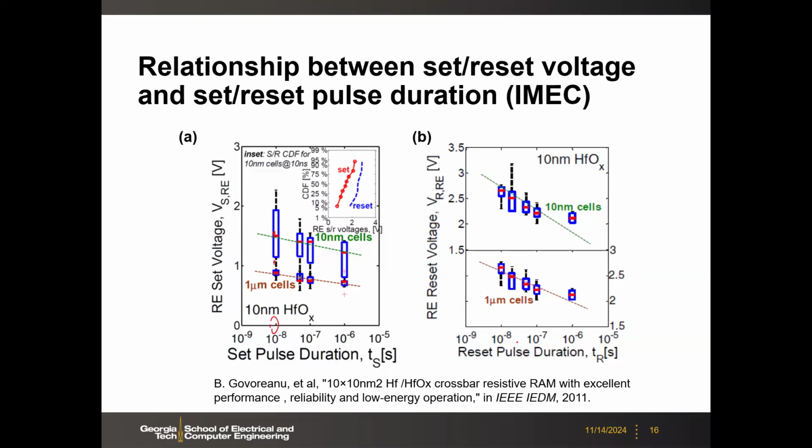You see that if you go down to 10 nanoseconds, you have to increase the reset voltage, and also depending on the thickness, depending on the cell size. So generally, if you want to switch faster, you have to apply larger voltage.